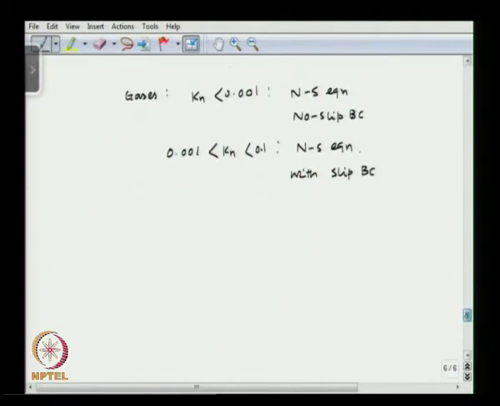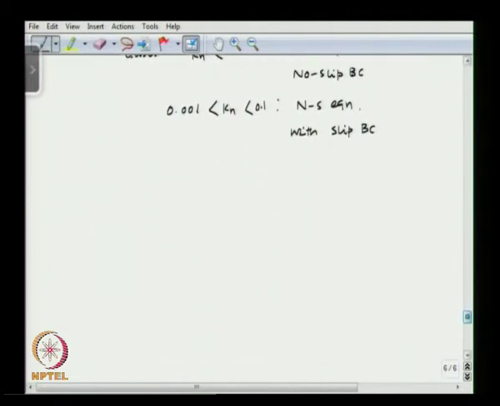Okay. So, we consider here two parallel plates for Couette flow. So, this is one plate, this is another plate, and we say this is the middle line between the plates, and this, let us call it y, this is x.